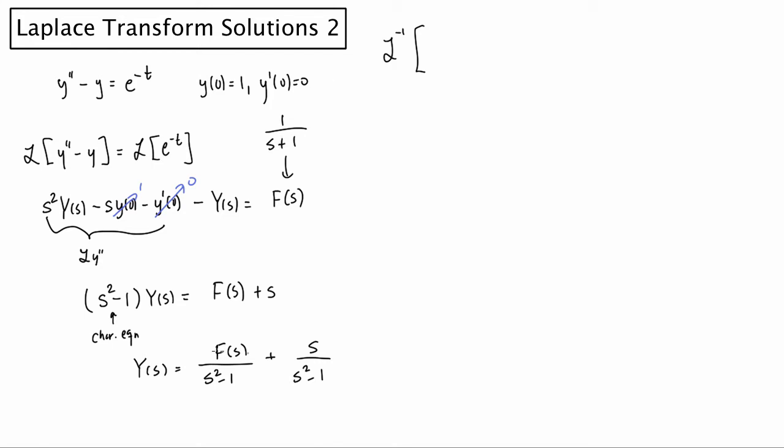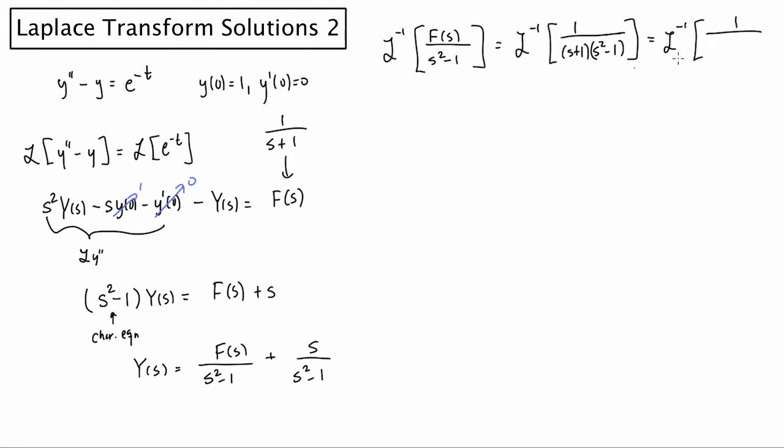So looking at this, this is f of s over s squared minus 1, which is 1 over s plus 1 times s squared minus 1, which is 1 over, this is the difference of squares, so you've got an s plus 1, you've got two of those now, and an s minus 1.